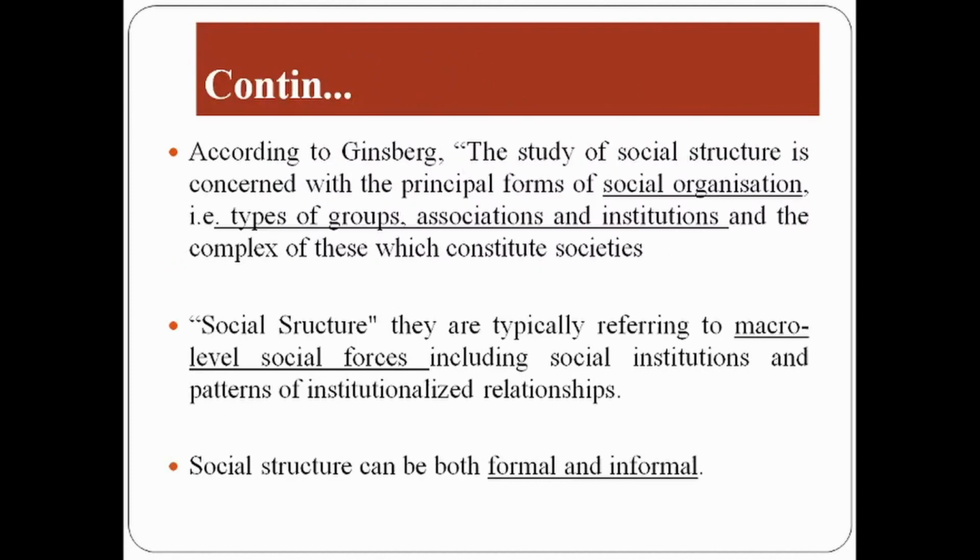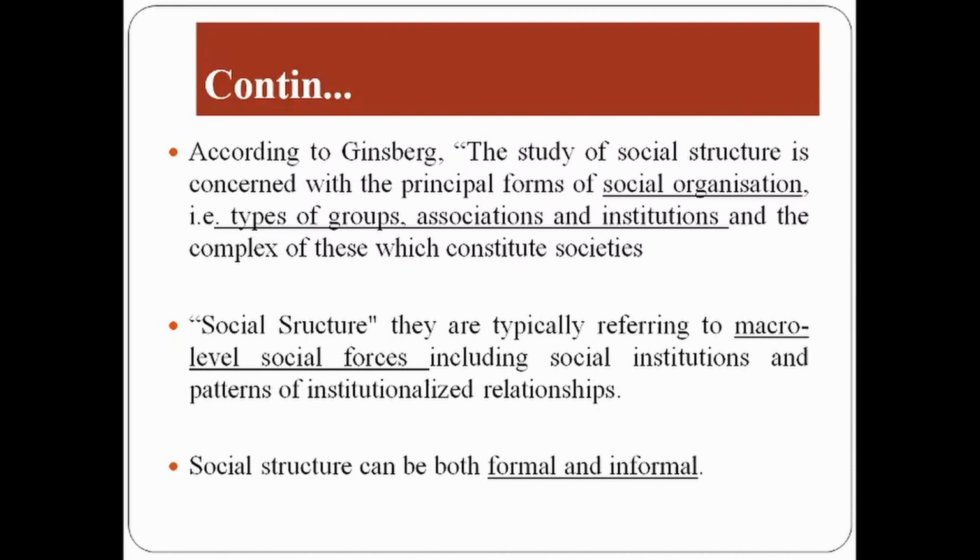Next we are going to discuss one of the important definitions of social structure, which is given by Ginsberg. The study of social structure is concerned with the principal forms of social organization, that is, types of groups, associations, and institutions, and the complex of these which constitute society.